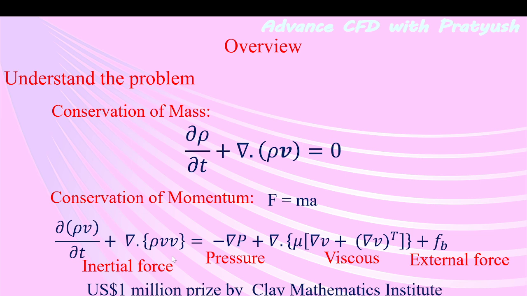The second term is the inertial force. The third term is related to the pressure drop. This term is related to the viscous force, and the last term is related to the external force.